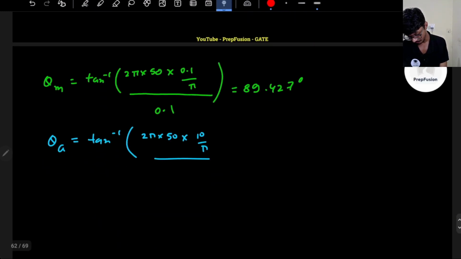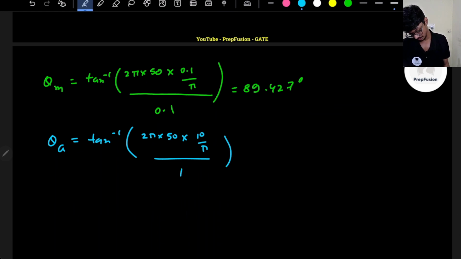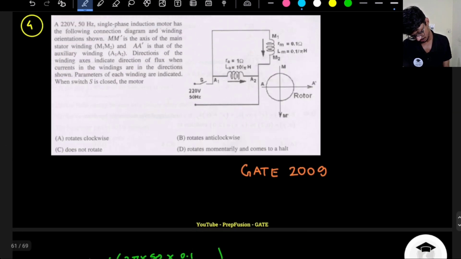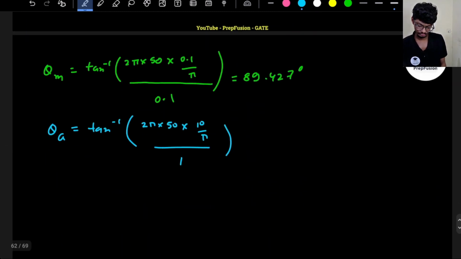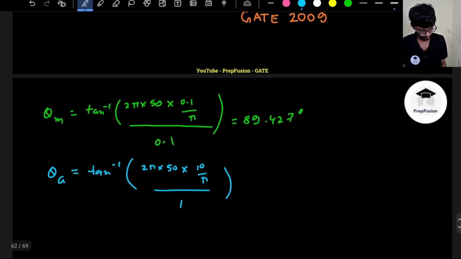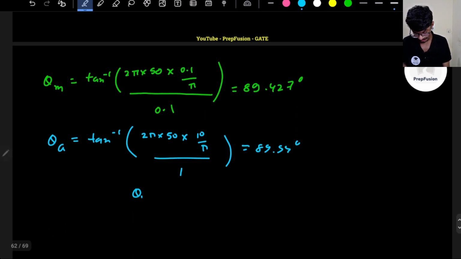RA is not 10, RA is 1, so this becomes 10,000. This is 100, this is 10,000. So it is tan inverse of 1000, and it is almost the same, 89.94. So I am saying theta m is roughly equal to theta a.